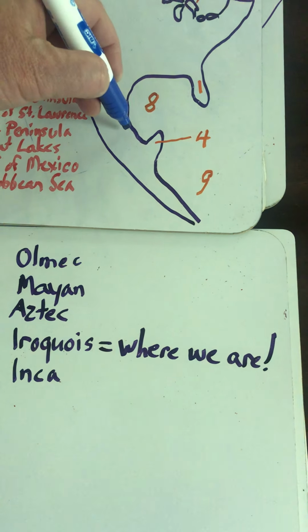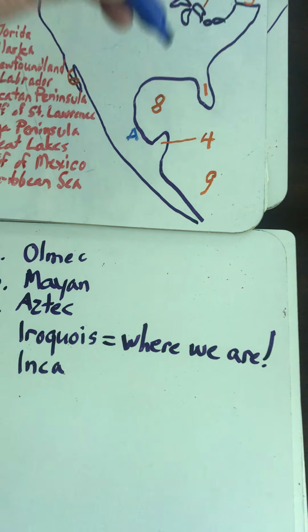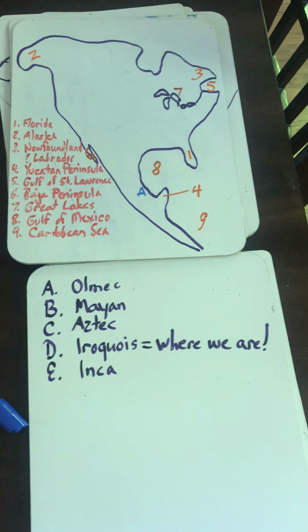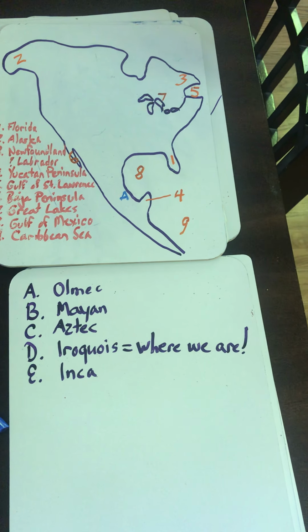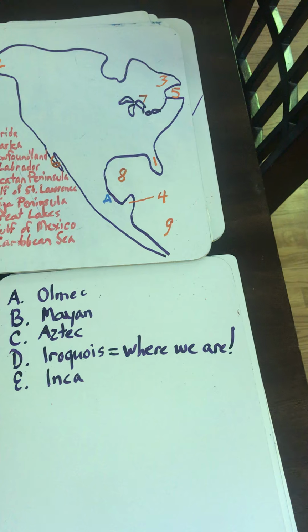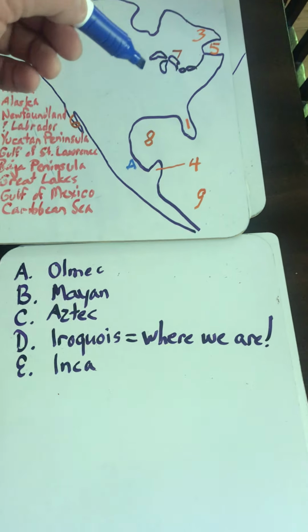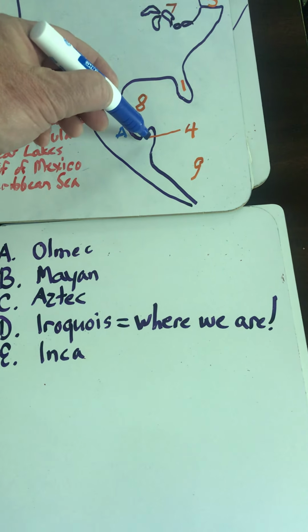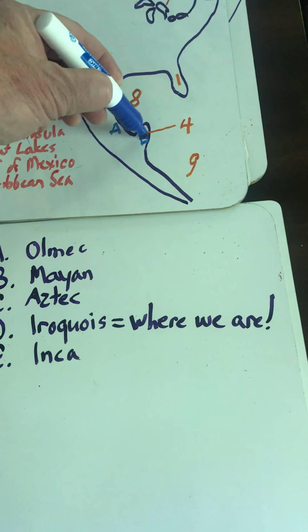So we're going to put an A there. A. Second up, the Mayans. They developed their civilization on the Yucatan Peninsula right about here.